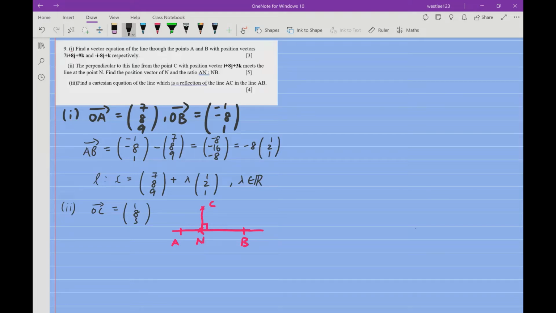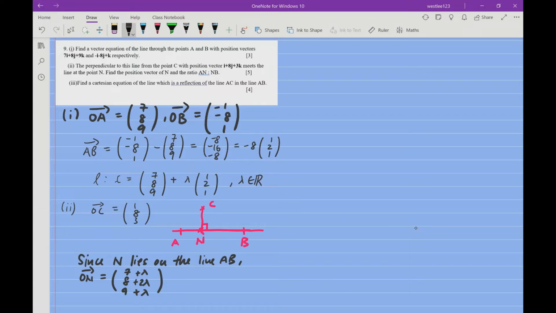Okay, so since N lies on the line AB, ON looks like this. ON equals 7, 8, 9 plus lambda, 2 lambda, lambda. Okay, so I'm using the equation of the line to come up with this position vector of ON in terms of lambda.